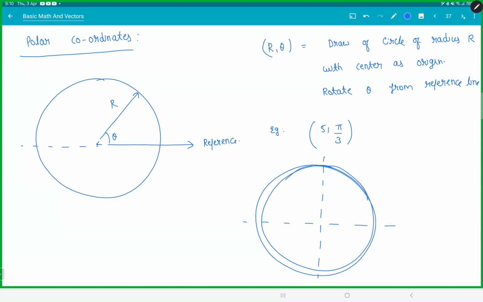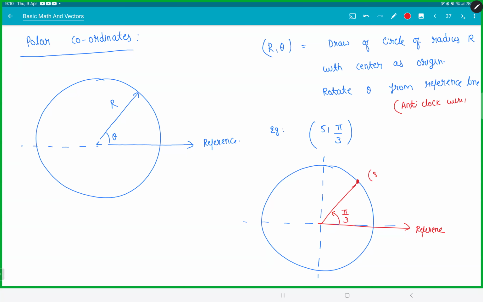Then from the reference line, rotate 60 degrees. You always rotate theta anti-clockwise. We will see why, using the right-hand thumb rule, later. So from here, rotate an angle of pi by 3 or 60 degrees. There. So this point's address is 5 comma pi by 3.